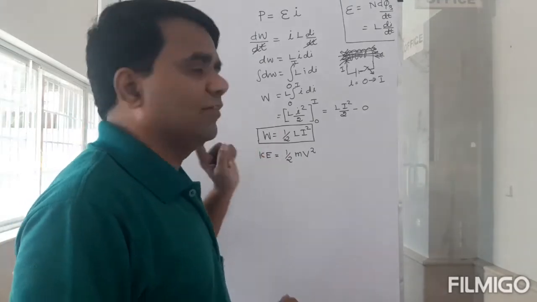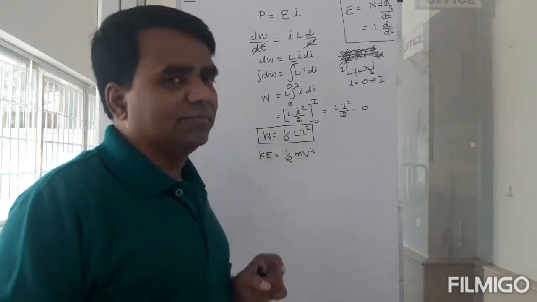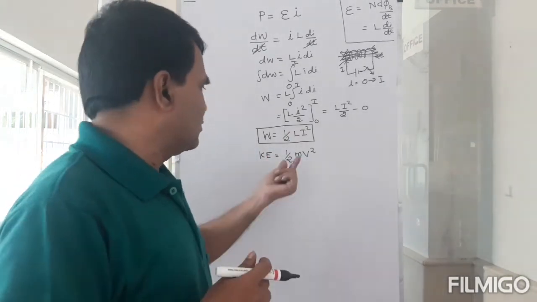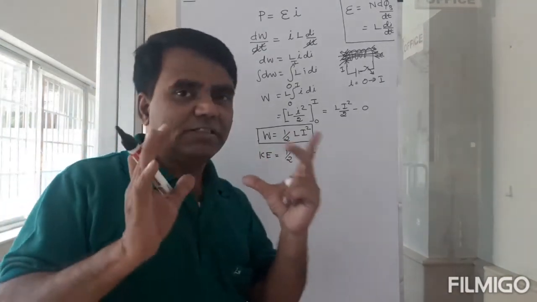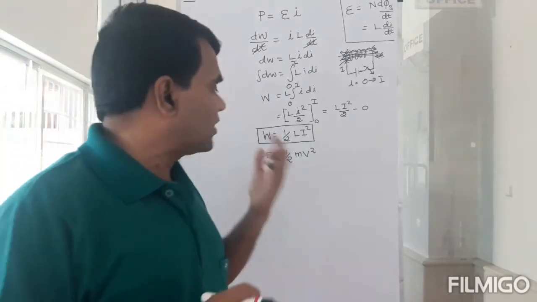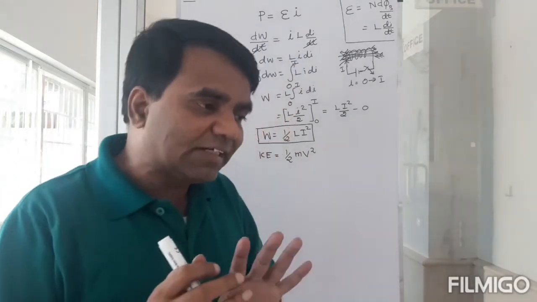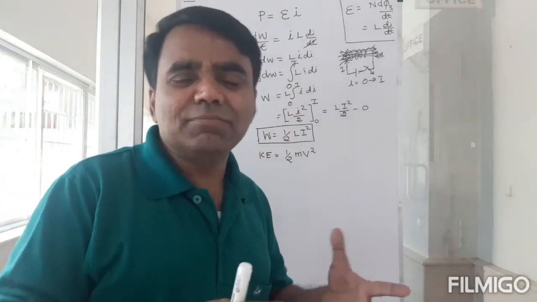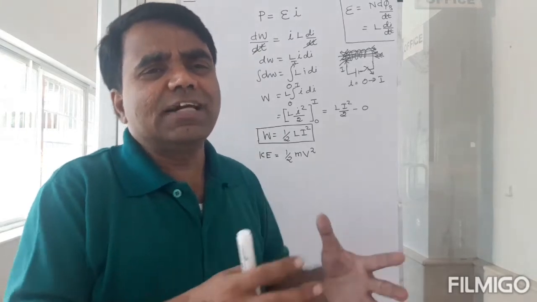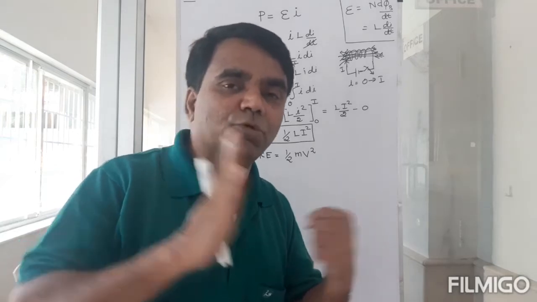You see, there is some kind of similarity between this equation and this equation. You have a half here, you have a half here. And for L, you have m. For I, you have v. So what does it mean? What does mass do in the normal sense, in mechanics? If you are trying to push something, if you are trying to increase its velocity, then the mass will try to resist it, right? You apply a certain amount of force.